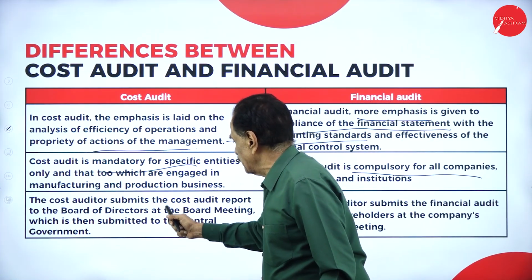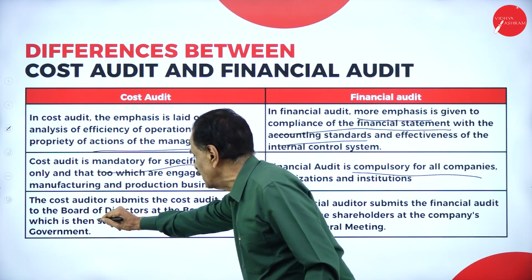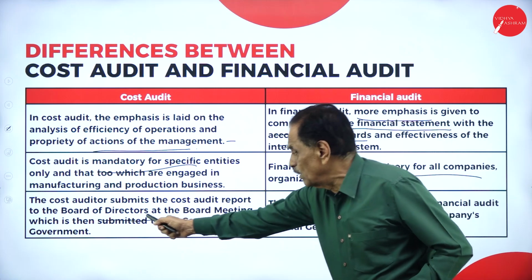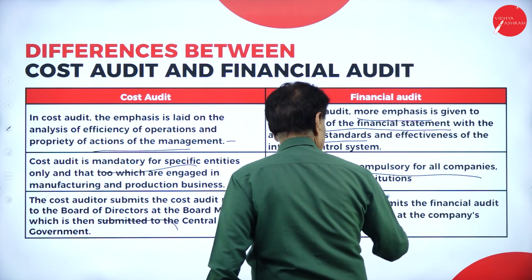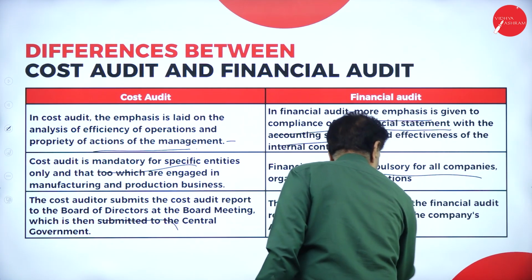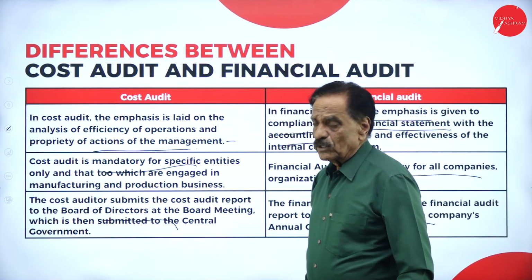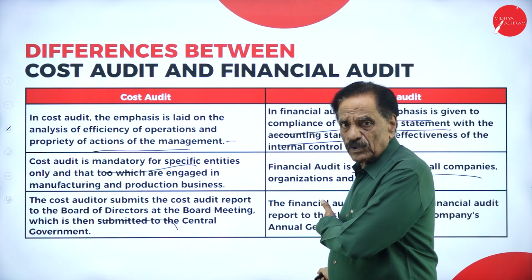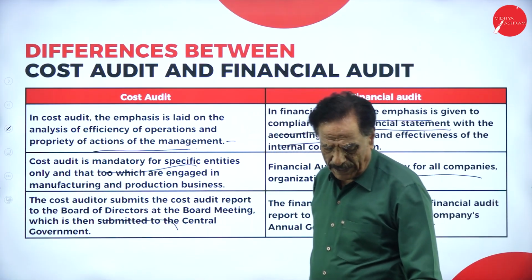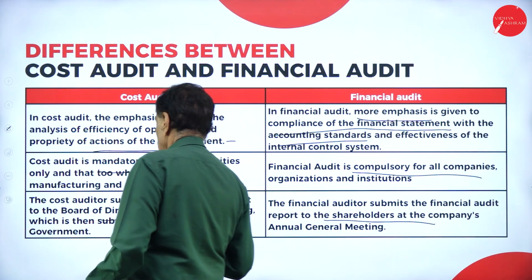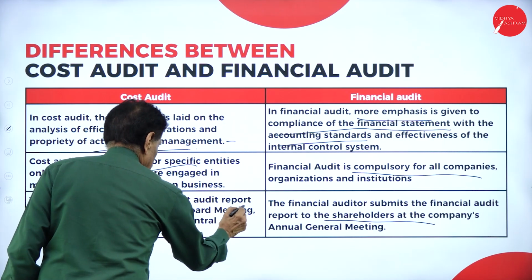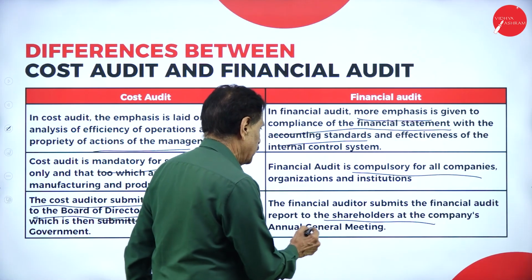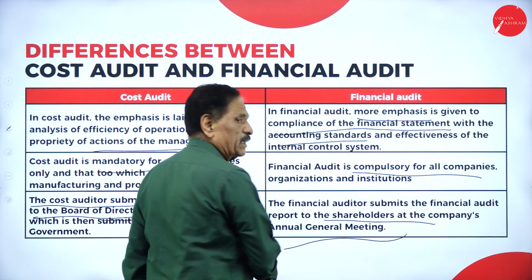The cost auditor submits the cost audit report to the board of directors, whereas the financial auditor submits the financial audit report to the shareholders at the company's annual general meeting.